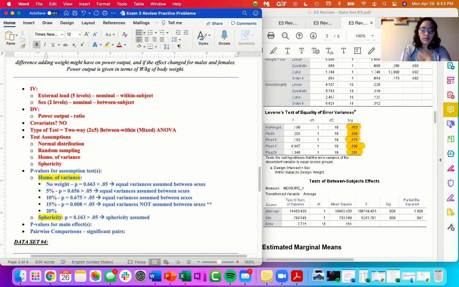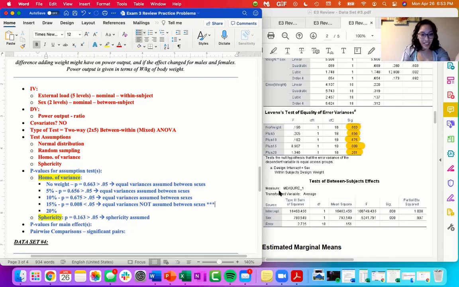But at least in this class, what we would have to do is separate out the plus 15 measurements between sexes, and then run its own little ANOVA to see what the between subject resulting p-value should be if we needed to make an adjustment.